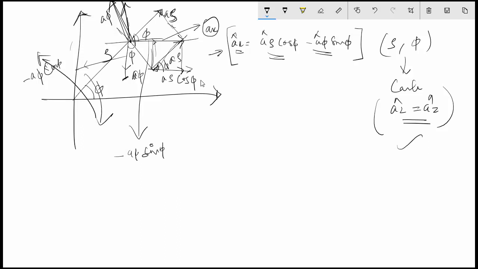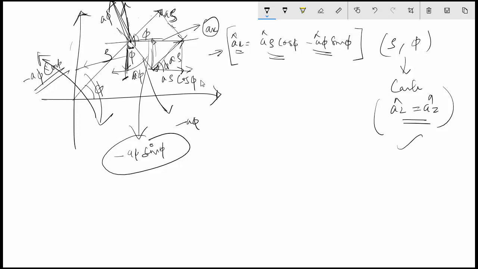Phi is increasing in this direction and decreasing in this direction. So this is your minus a phi unit vector, and it makes angle phi with the y-axis. When you project it on this side, you get a phi cos phi, and on this side, a phi sin phi. You take the a rho as it is and project it, since you are constructing a parallelogram.